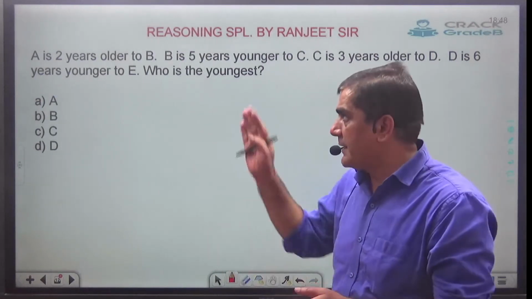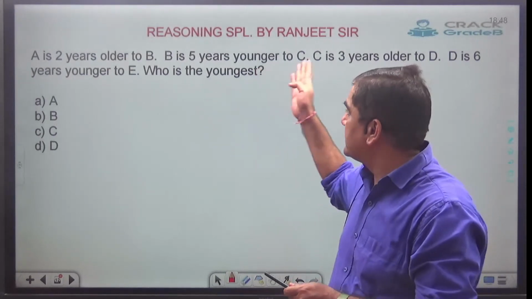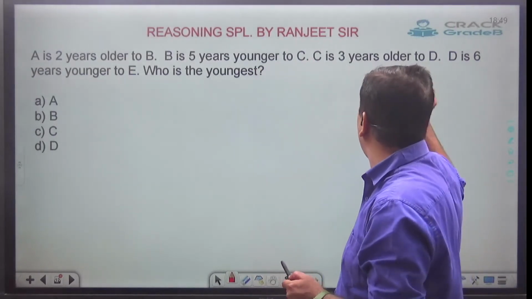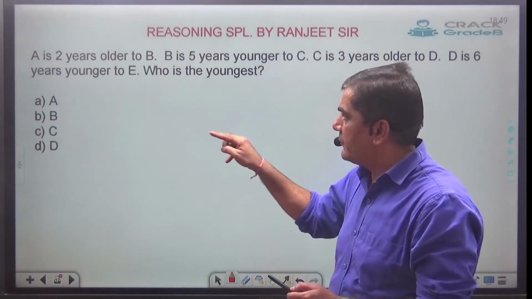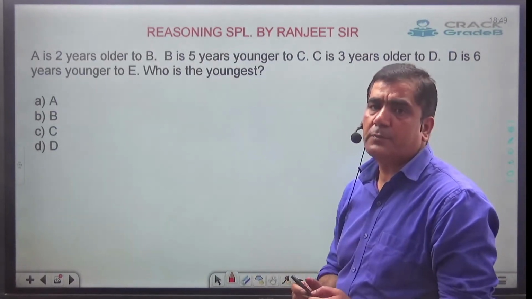Clear? If they have given like this, A is 2 years older to B, B is 5 years younger to C, C is 3 years older to B, D is 6 years younger to E. Now who is the youngest?